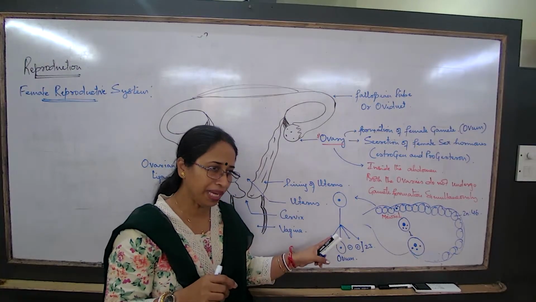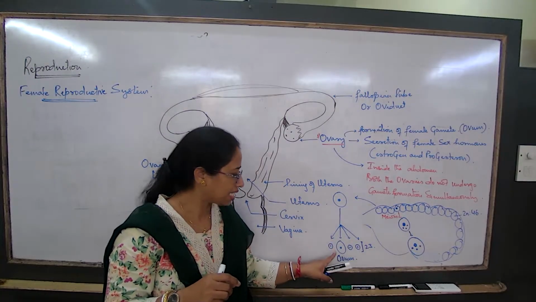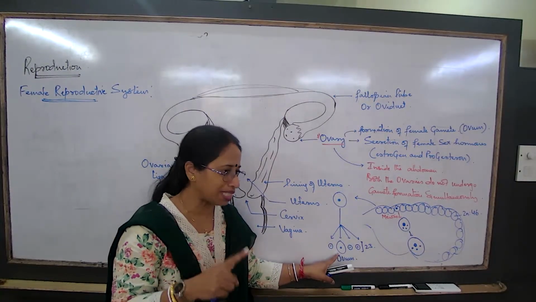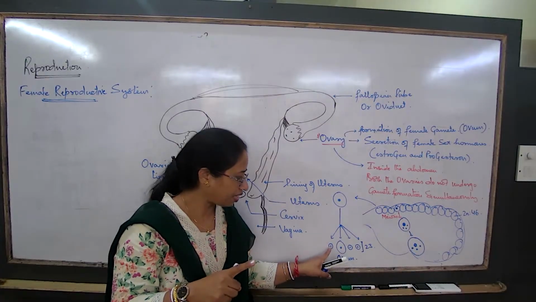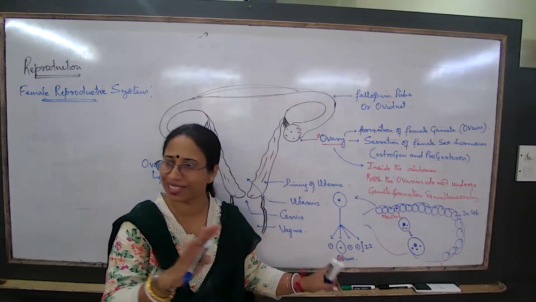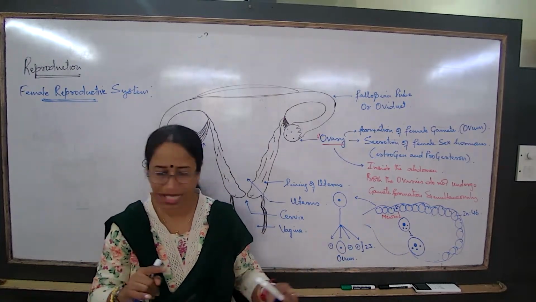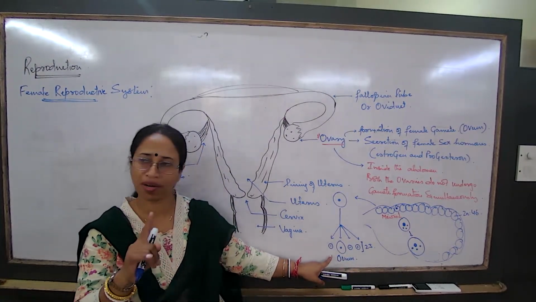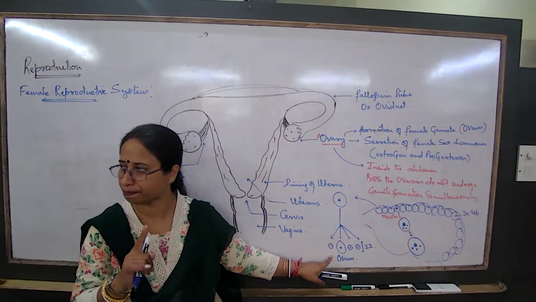In females, that is not the case. Cytoplasm gets concentrated in 1 cell, and the rest of the 3 get a small bit of cytoplasm, but the nuclear content is all the same. Hence, the female body produces 1 functional gamete at a time.